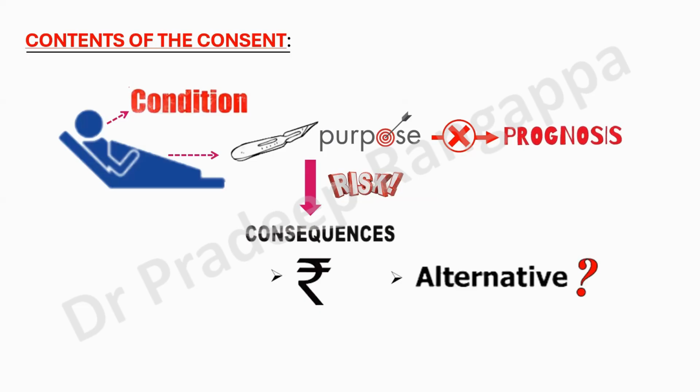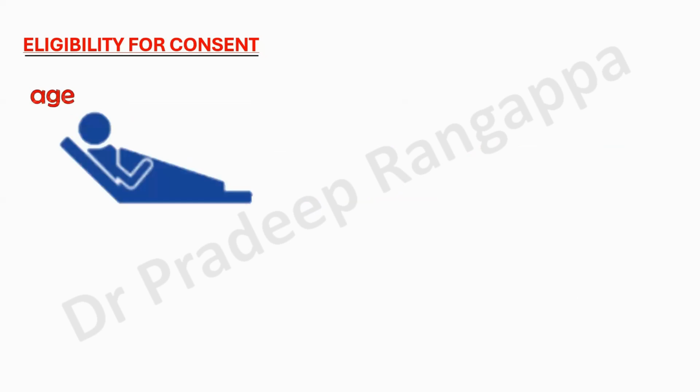It should also consider whether there are any other alternative ways if the intervention that is suggested is not done. Any other alternatives also have to be mentioned. Then one has to describe the eligibility for consent. Age becomes an eligibility criterion for consent, and the patient has to be of sound mind, because he cannot be confused, or have a psychosis, or a mental disorder, and so on.